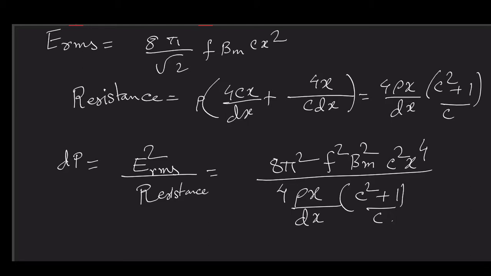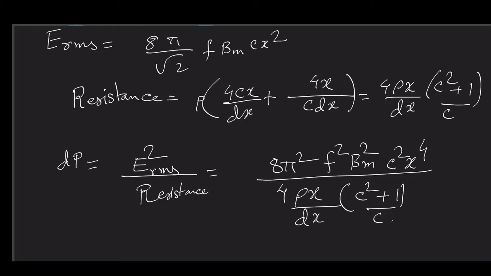Now another few approximations we will take. But why is this dp? This dp is because we are considering one small elementary path. Across all these elementary paths, this type of power loss will take place. So we have to integrate from 0 to how much? T by 2.